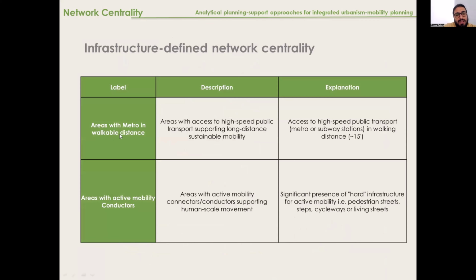What we mean by that is that we identified areas with a metro station in walkable distance, meaning areas with access to high-speed public transport supporting long-distance mobility, and also areas with active mobility connectors supporting human-scale movement, meaning that we have a significant presence of hard infrastructure for active mobility.